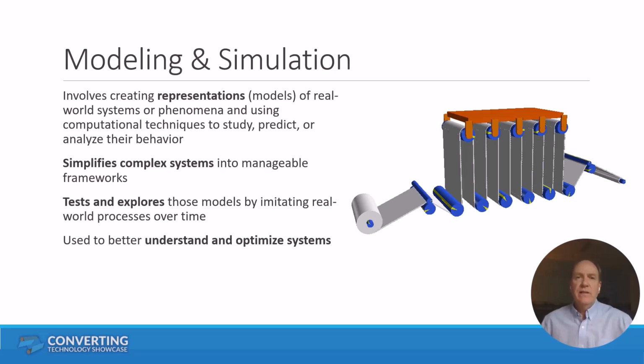So you use these virtual machines to study and predict the behavior of the machine. They're typically simplified. They may not have all the physics involved, but they test the most important parts of the process that involve you being able to control the process through the model simulation and learn.